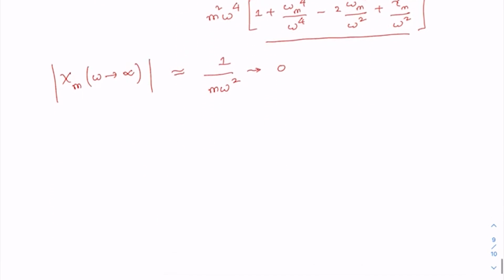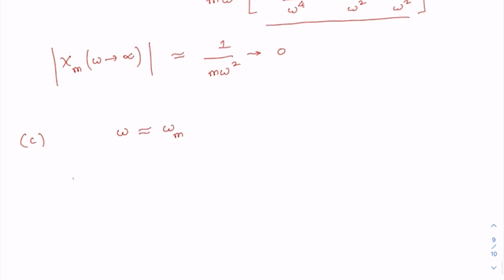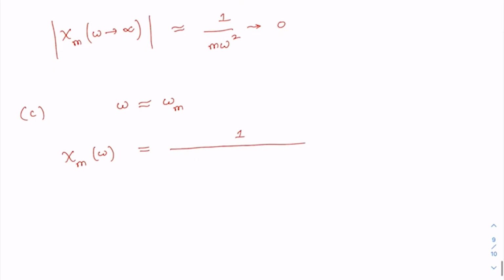Now let us do the last part of the problem. In the last part, we are asked how the response function behaves at the resonance, that is omega is nearly equal to, say, omega m. Then this susceptibility expression chi m of omega, let me write it once again. This is 1 divided by m into omega m square minus omega square minus i gamma m omega.